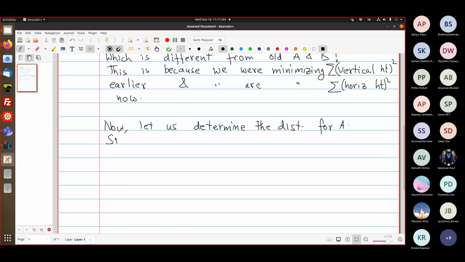So since A is y bar, which is 1 by n sigma i yi, minus b x bar, the randomness is only in the y's and therefore consequently in the b.